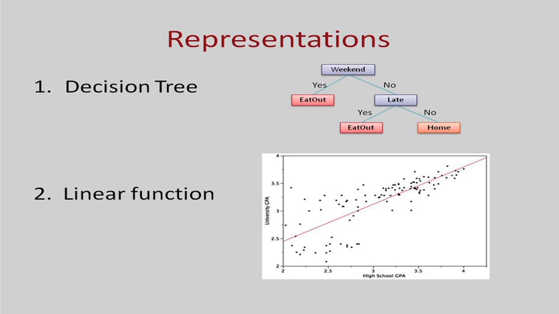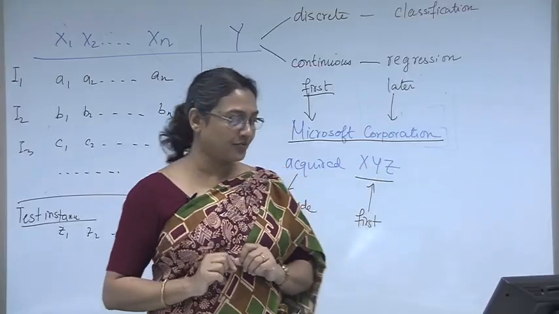And as we said, when we want to look at the representation of the function, there are two things. One is the features, the other is the function class. And we will talk about this in greater detail later. The function class can be a linear function in terms of the attributes.